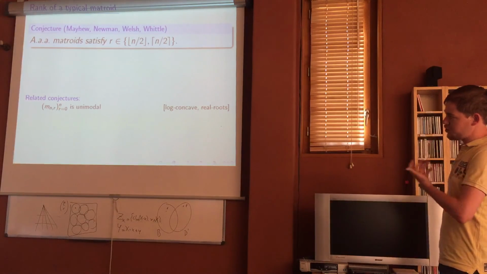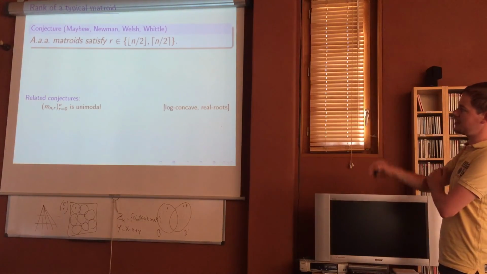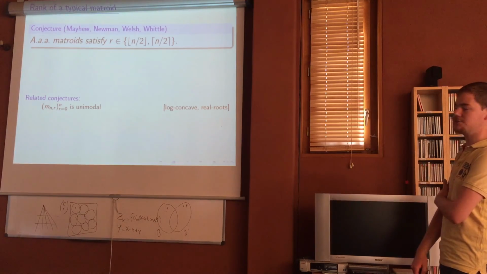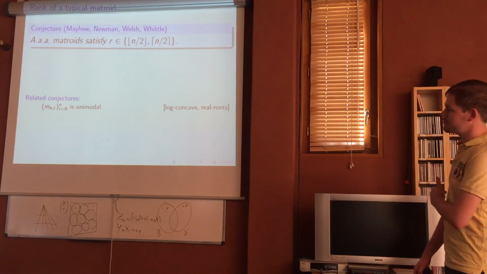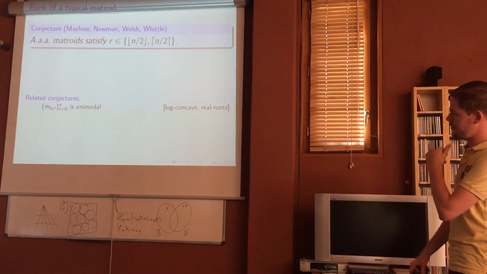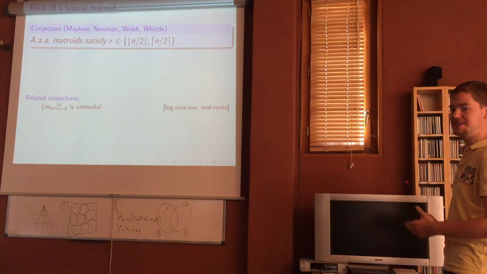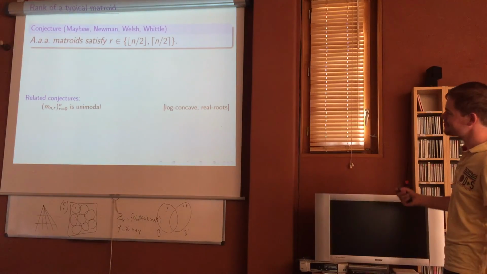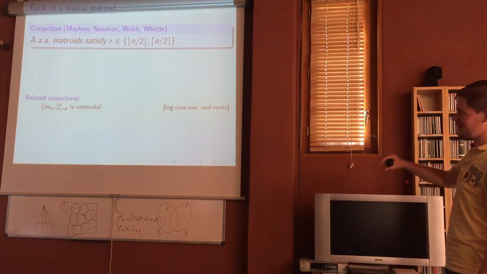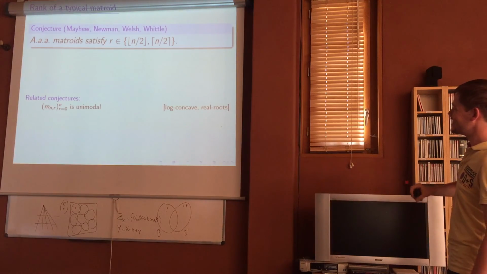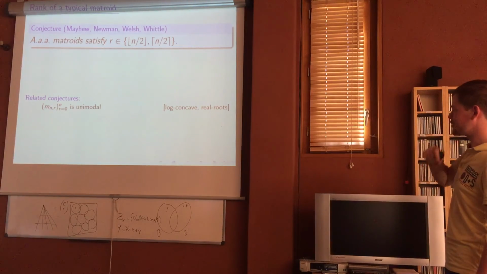There's a bunch of related conjectures to this. Almost all matroids have rank equal to n over 2, and they are somewhat weaker, I think, so maybe easier to find. Okay, I'll go over it fast.